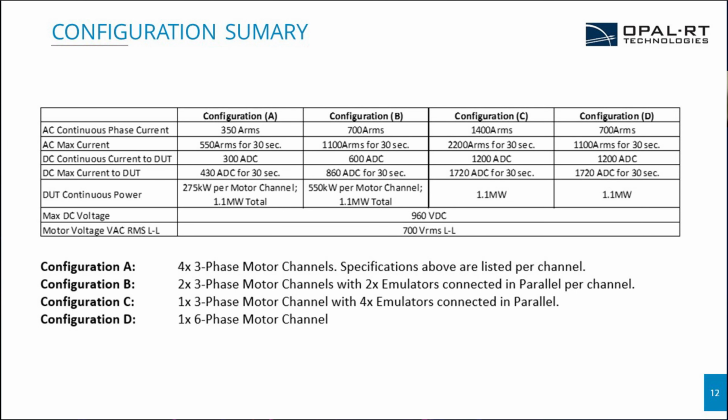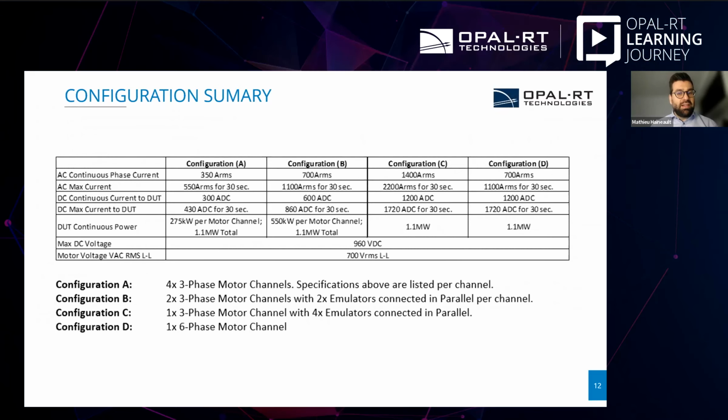When you have higher power capability with multiple channels in the EME, you have the chance to couple the system and use it as one big single system, as a conversion DC or AC. So I have all 4 emulators connected in parallel for higher power on a 3-phase or 6-phase application. Or you can separate the EME to have lower power but more motor capability, so I have a 4-motor or 2-motor configuration.